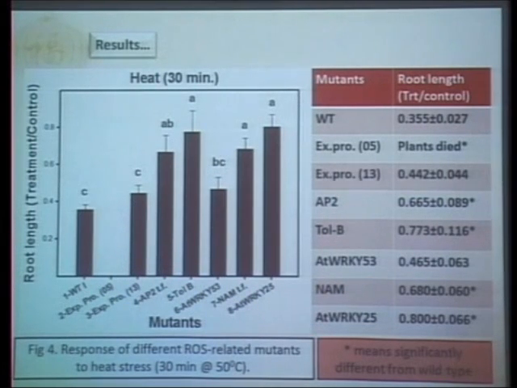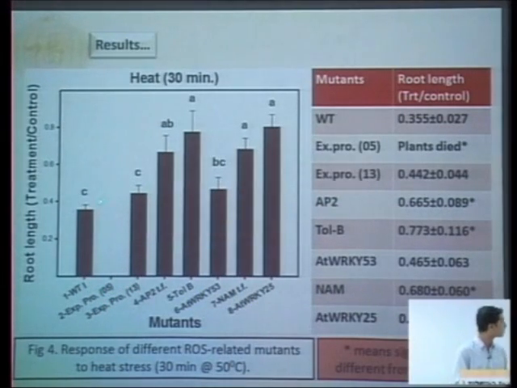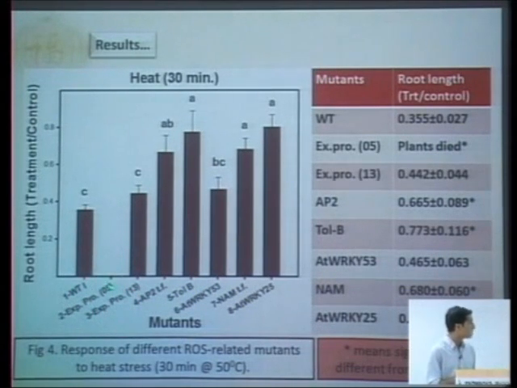As I mentioned earlier, it was nomenclatured as expressed protein because there is no known function of this gene. So we can predict that this gene might be involved in providing resistance against the effect of high temperatures.